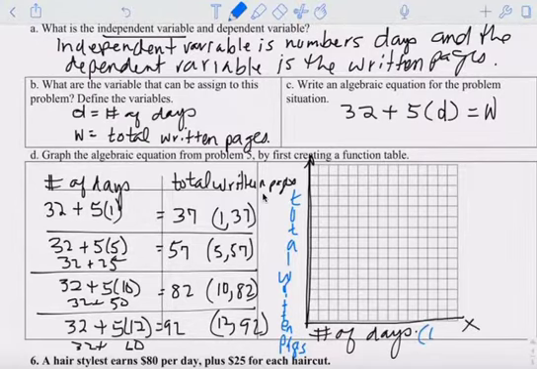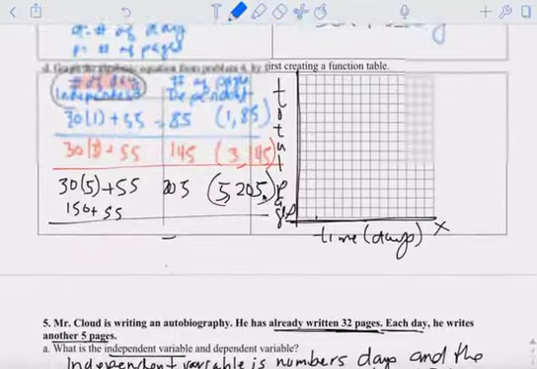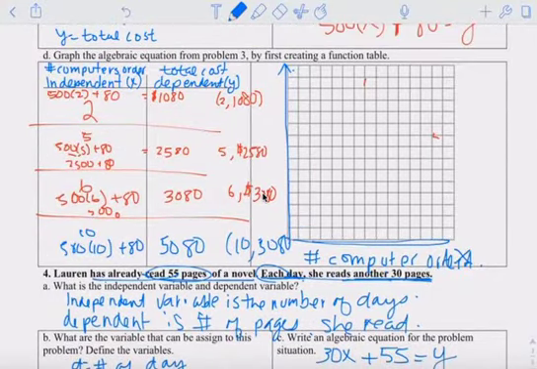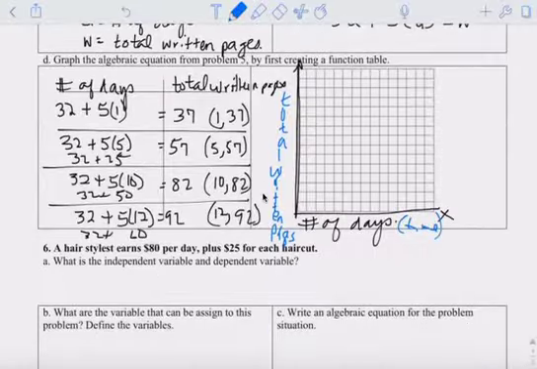Normally they say time, time in days. And that's how you do that.